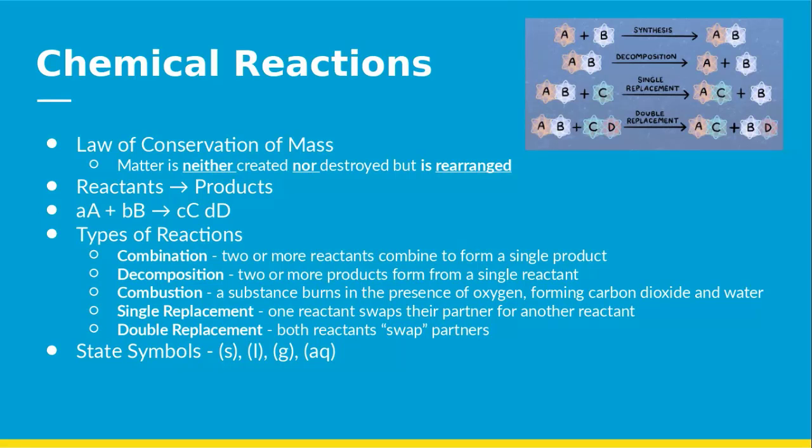And then for double replacement, you have 2 reactants and they're both compounds, and they both have different partners. They basically just swap partners. So if reactant A was made up of A and B, and reactant B was made up of C and D, they swap each other's partners, so you have A and C and B and D on the product side.